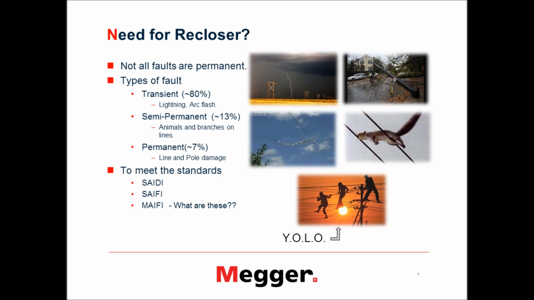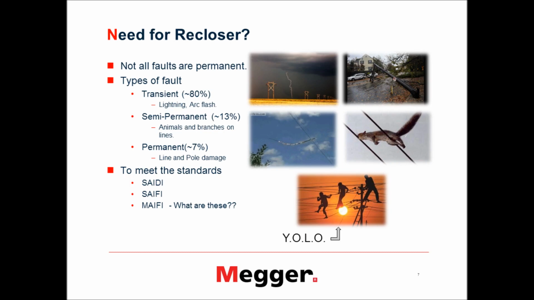But in the system, the third picture shows you a branch of a tree on a transmission line where the current is capable of destroying or completely burning the branch, and then after a while, maybe 5 or 6 or 7 seconds later, the fault clears by itself.